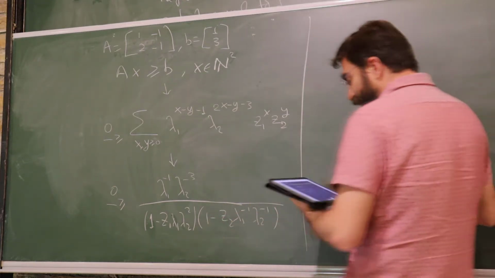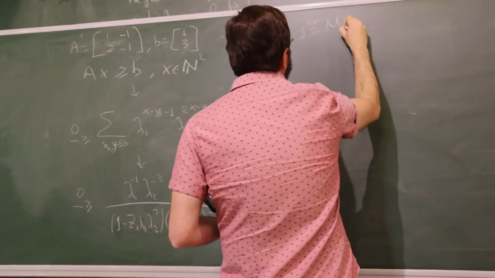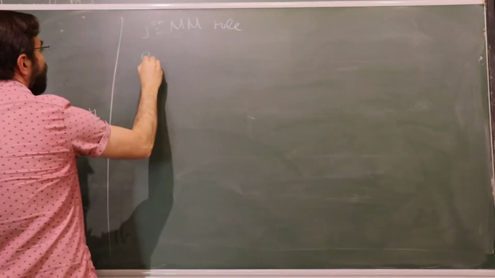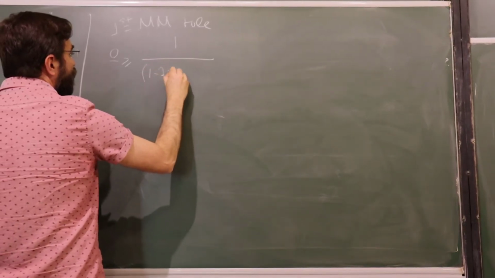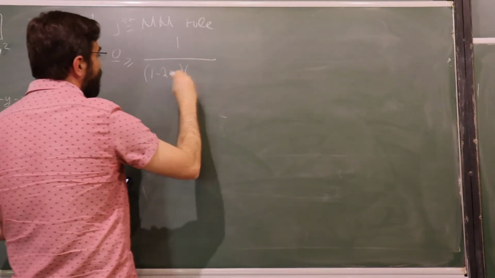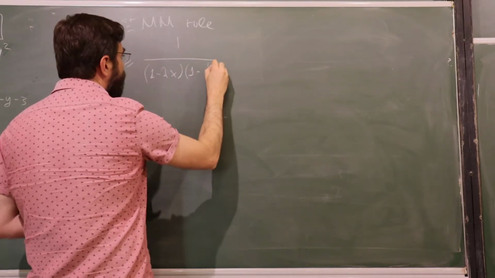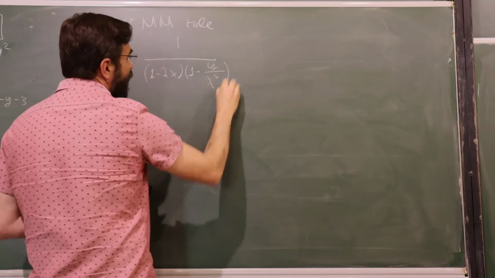For example, this is the first McMahon rule. It says that omega of 1 over (1 minus lambda x) times (1 minus y over lambda to the s).